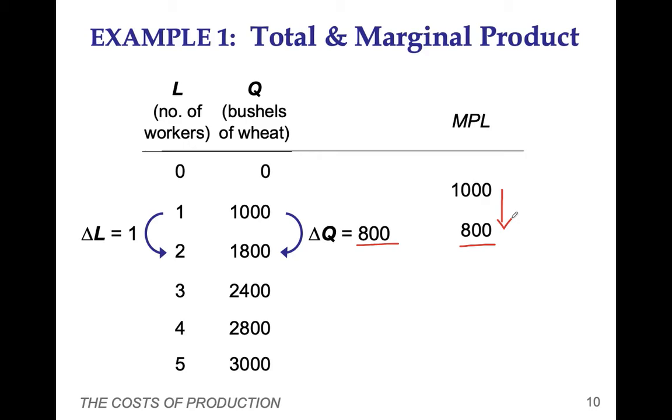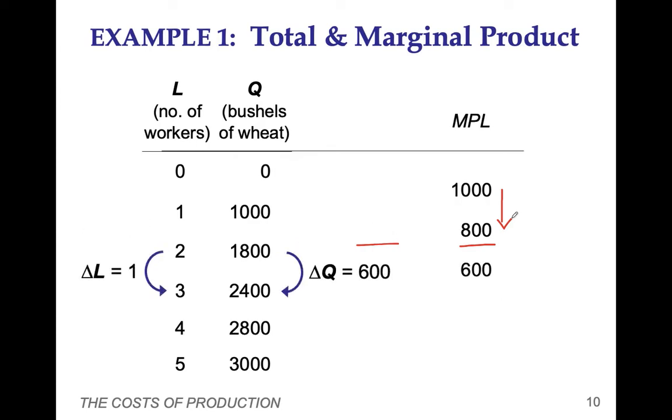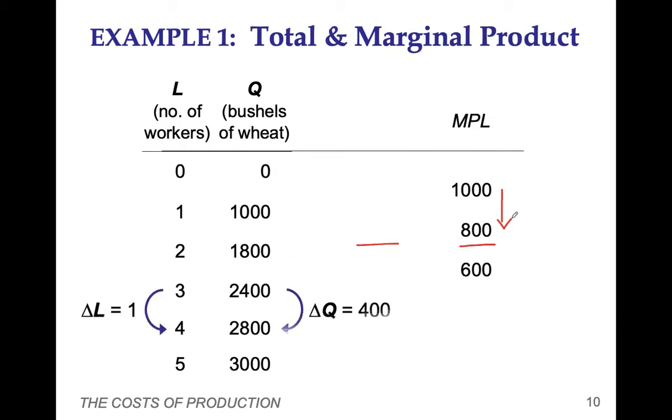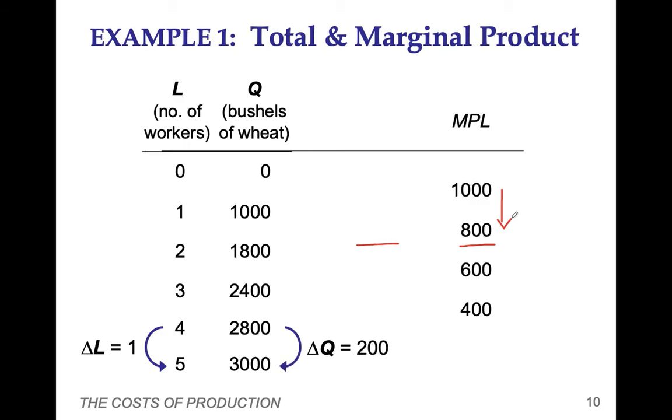So let's see worker number 3. He produces 600 bushels of wheat, so this makes an MPL of 600. The same for worker number 4 and worker number 5.